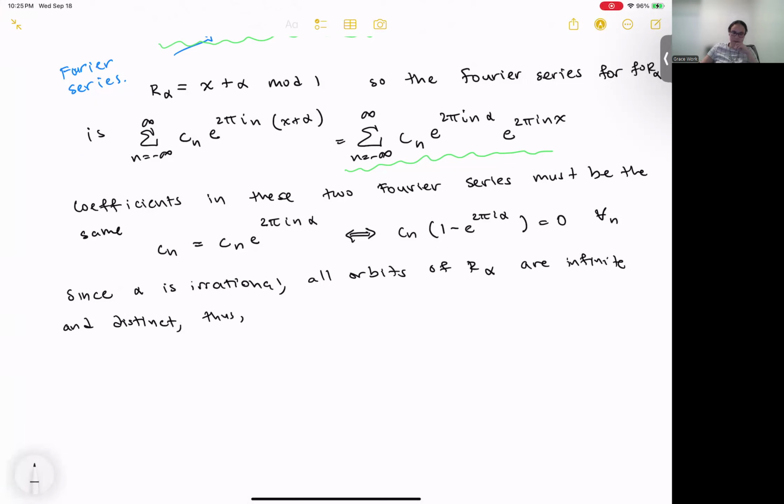Thus, in particular, the orbit of 0, which is equal to just n alpha mod 1, consists of distinct points.